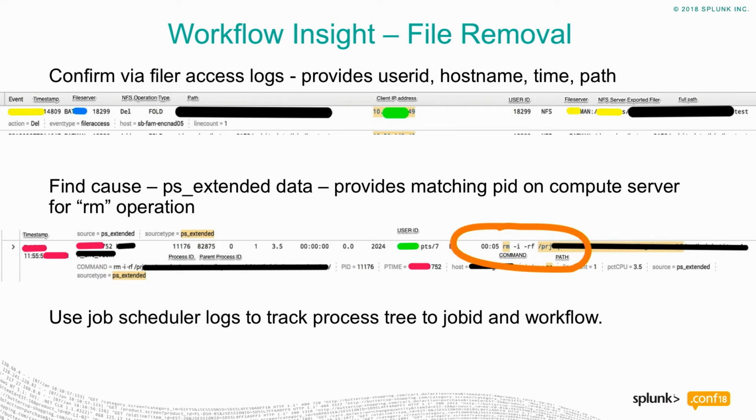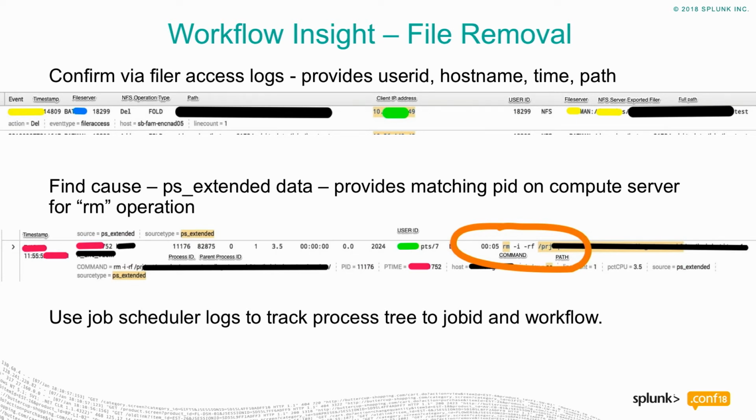So using the process data, we were then able to look up the process data on that host and then correspond that to our job scheduling system. So we knew which job that was part of, and then from that, which workflow that was part of. We worked with those users that managed that workflow, and they indeed had a typo in one of their scripts, so it was by accident recursively removing the highest level directory.